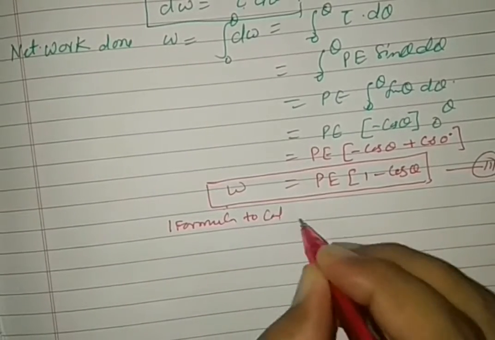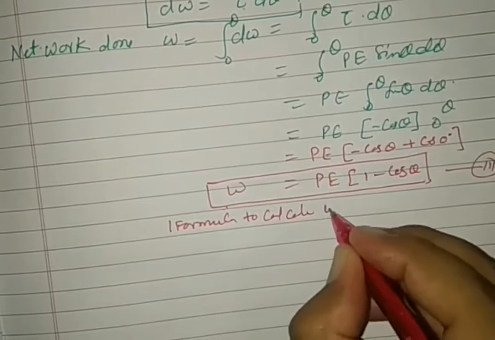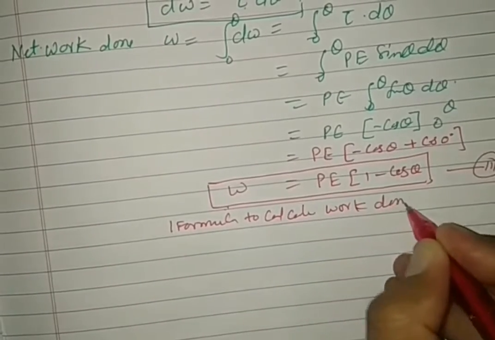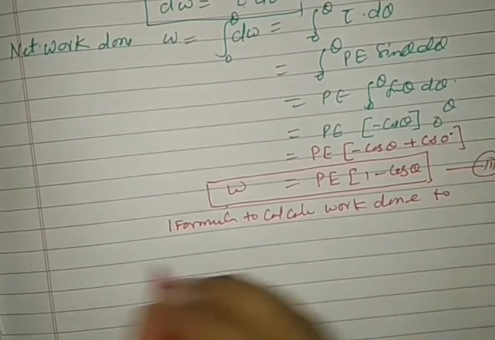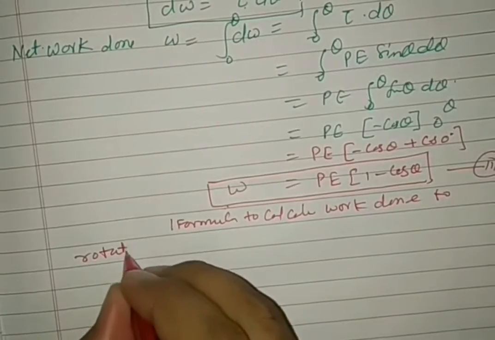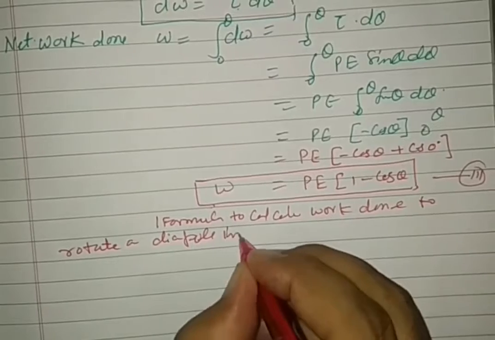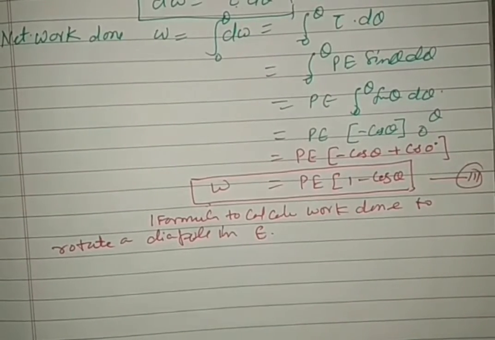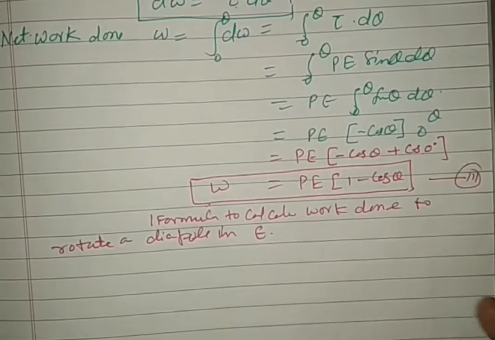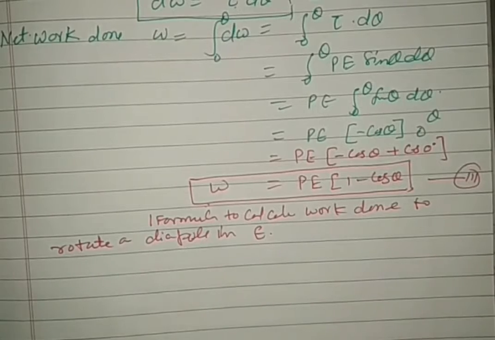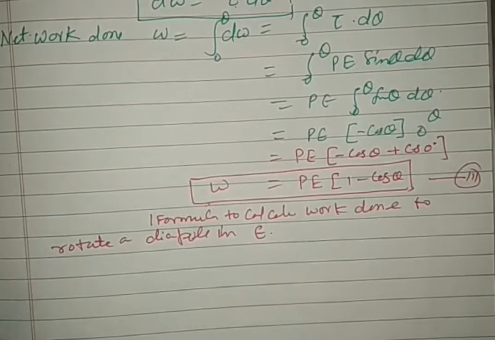Now this is the formula to calculate work done to rotate a dipole in electric field, that is W is equal to PE (1 minus cos theta). Now we are considering two cases here.